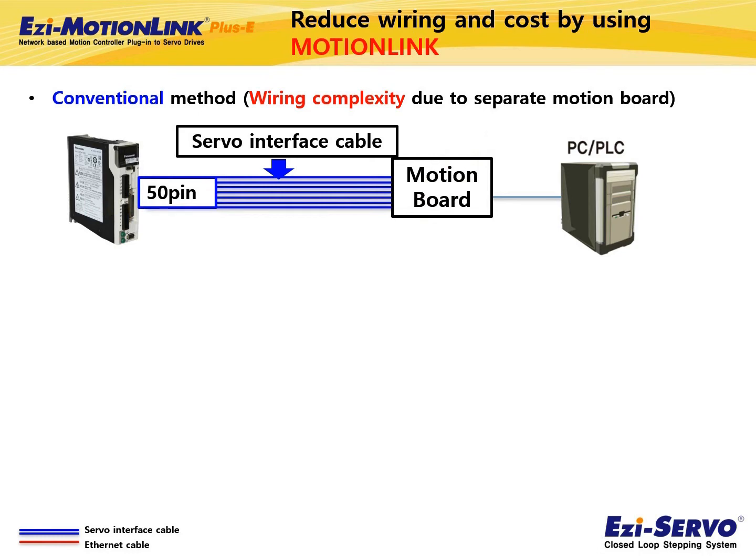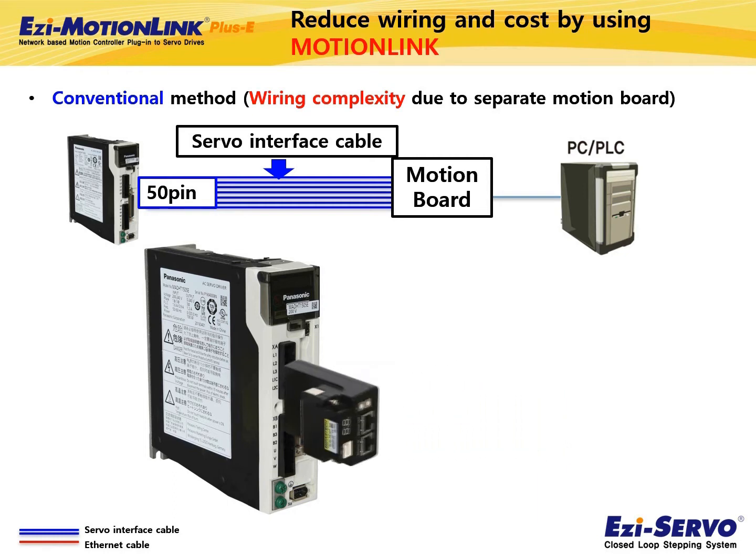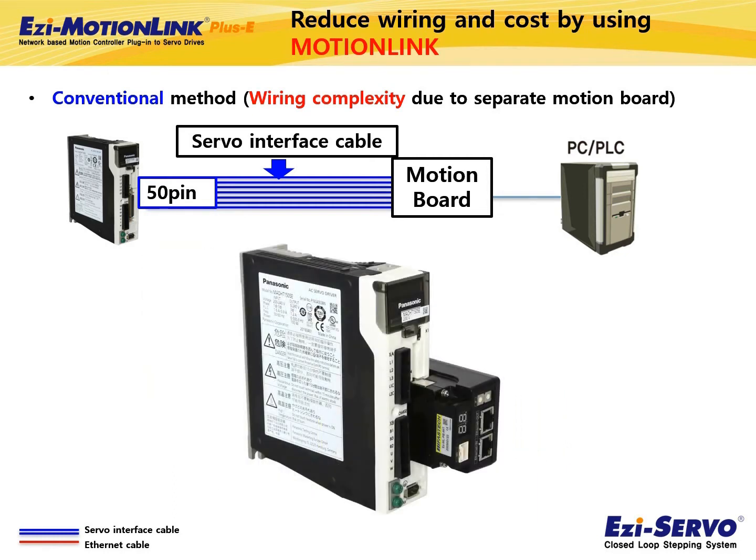This inconvenience can be solved by using our product EC Motion Link Plus E. EC Motion Link Plus E is an Ethernet type 1-axis motion controller that can be used immediately by plugging it into the interface connector of the AC Servo drive.